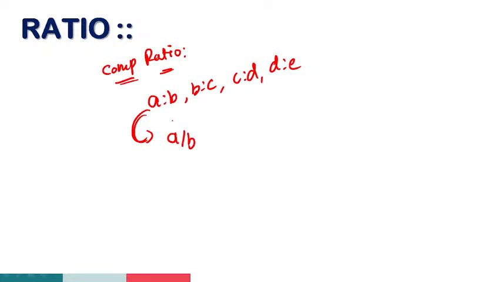So A is to B can be written as A by B into B by C into C by D into D by E, and so on.